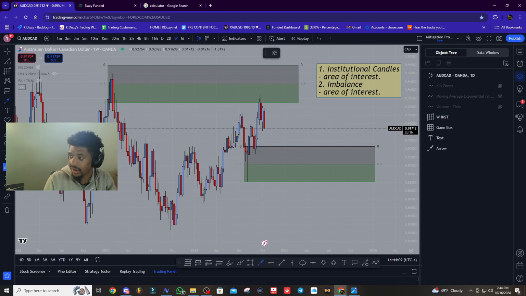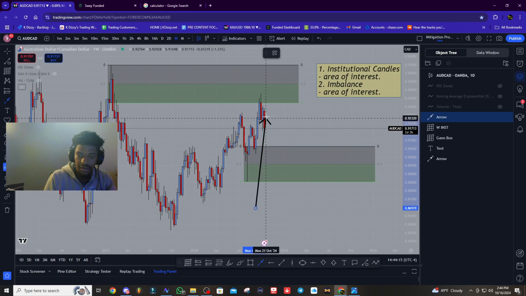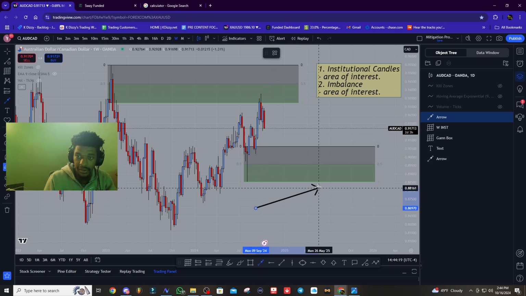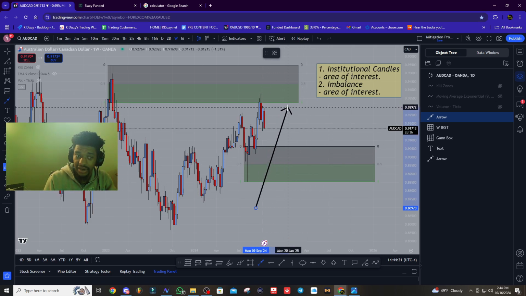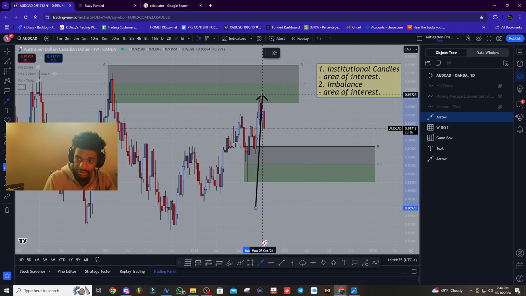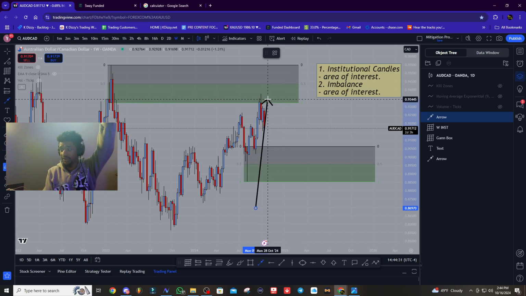As you can see right now, this is live too, by the way. This is a live markup of Australian dollar versus CAD, AUD CAD. It comes into this area, and now it's pushing down, right? So it's clearly an area that, once it's in this price range, is making a reaction. Either it's continuing to go up or reversing back.